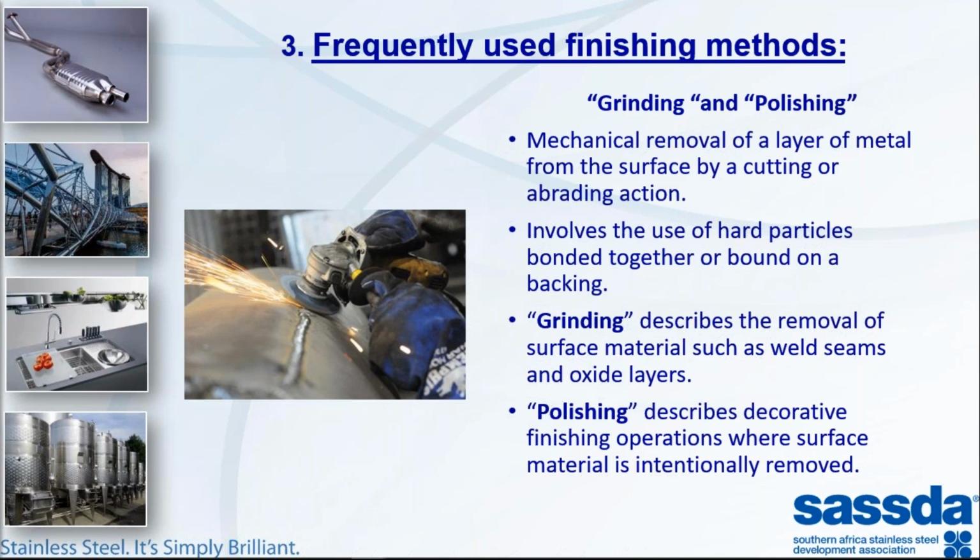Now, grinding usually refers to the removal of surface finish, such as weld seams and oxide layers, and is in most cases regarded as the more aggressive removal. Polishing is more for decorative work, where the surface is also intentionally removed, but less aggressively so.